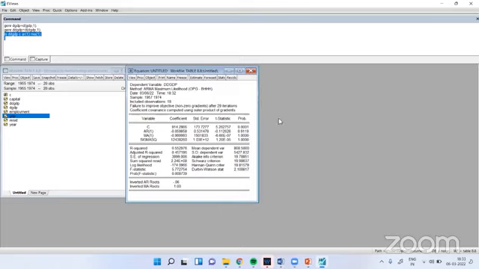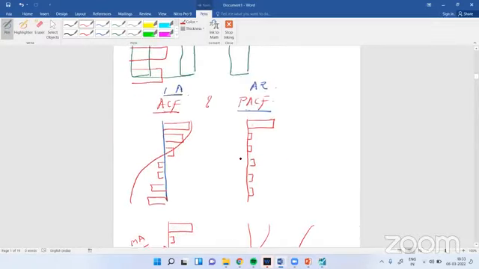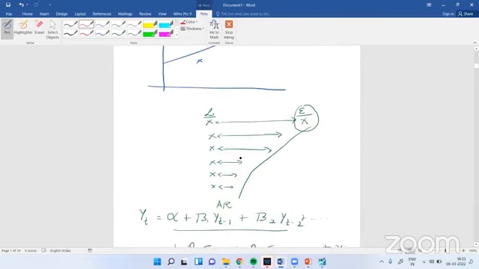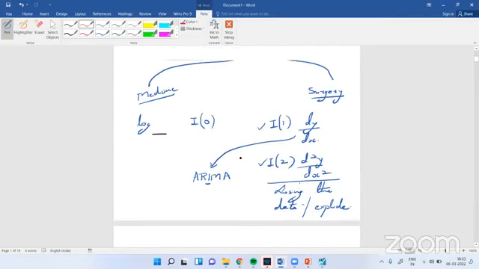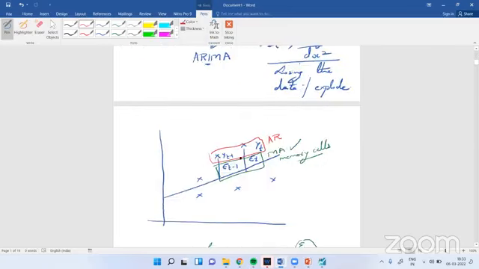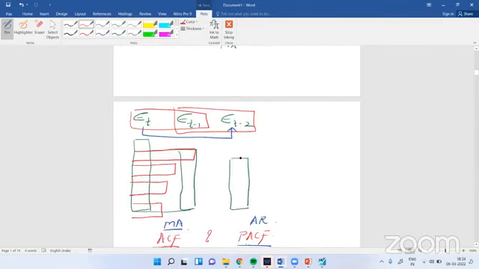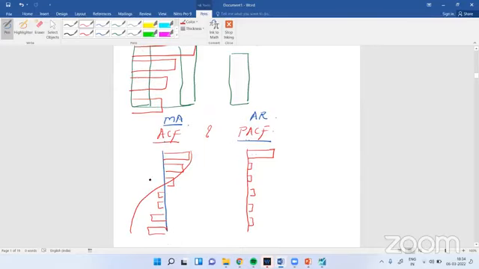What is that term? PACF. PACF is for AR and ACF is for MA.